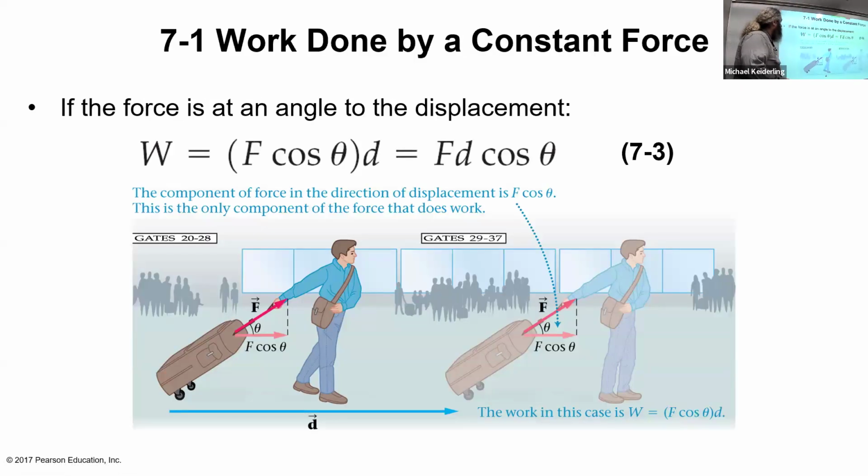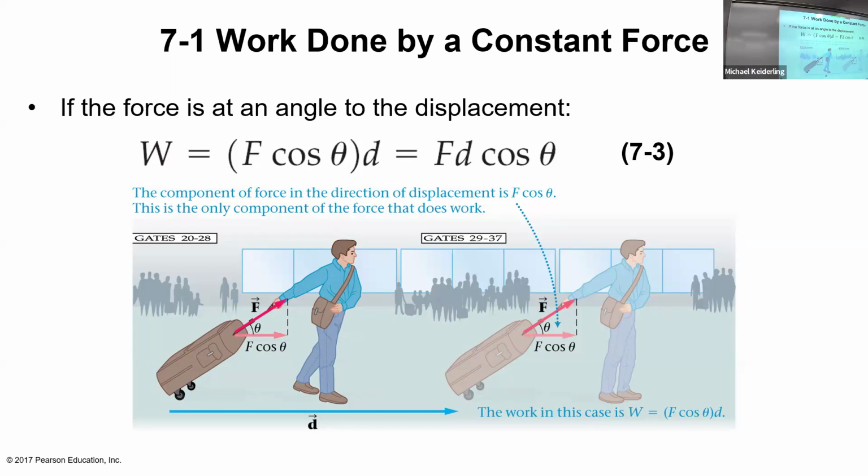So, let's look at work done by a constant force. If the force is at an angle to the displacement, work equals force times distance times the cosine of the angle.